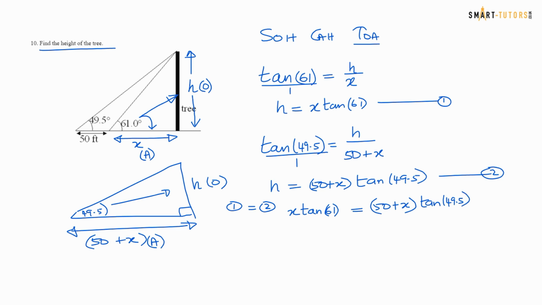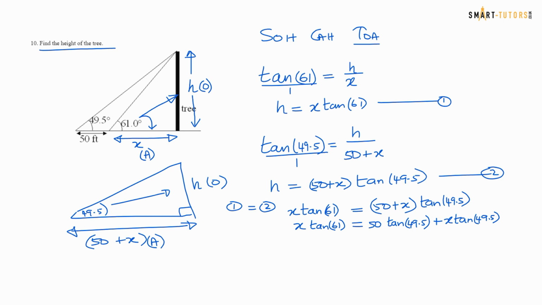If I expand these brackets, 50 tan 49.5 plus x tan 49.5, and x tan 61 here.